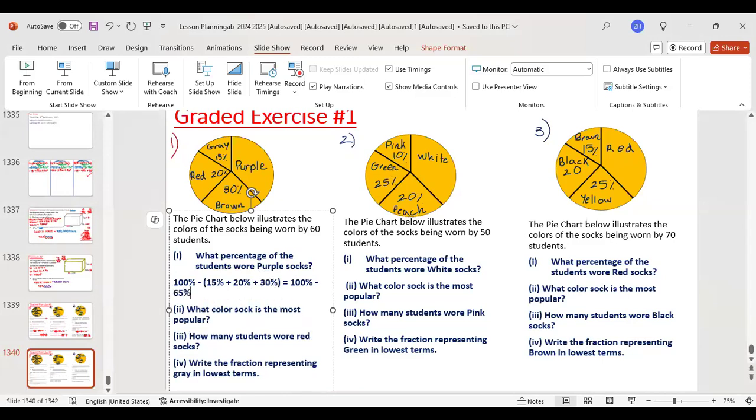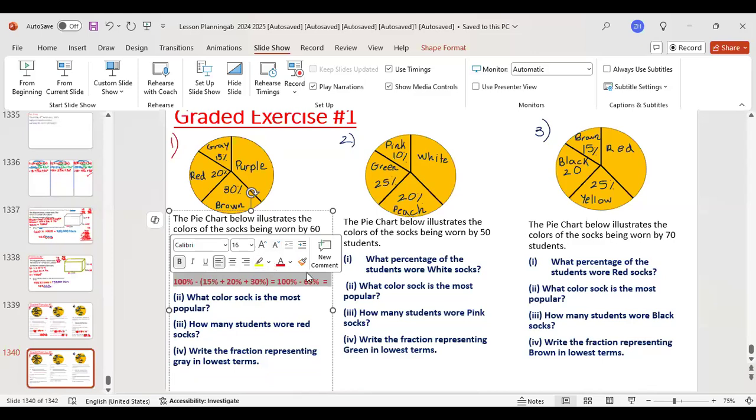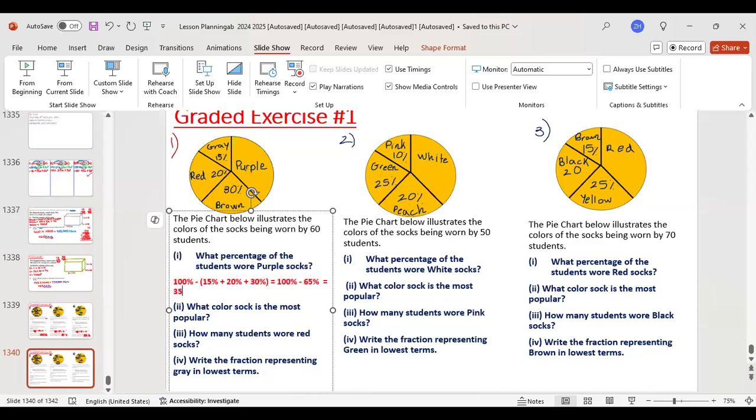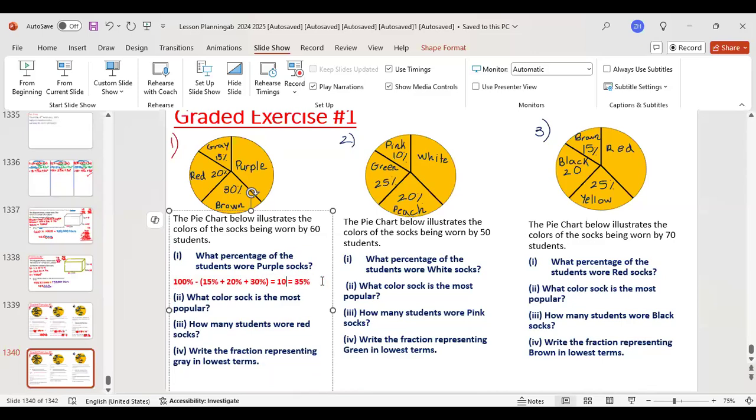So let me put this in red. 100 minus 65 is what? 35. 100 minus 65 is 35%. So that's how we got that. What did we do?